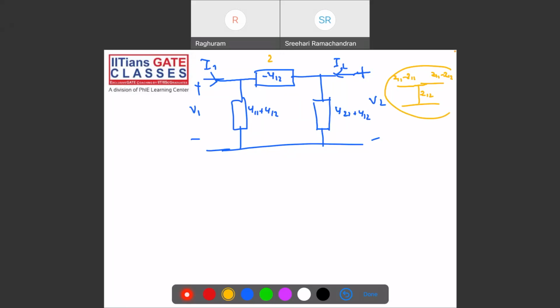So general equivalent circuit. If I want to draw the general equivalent circuit, again, let me write down the equations first.